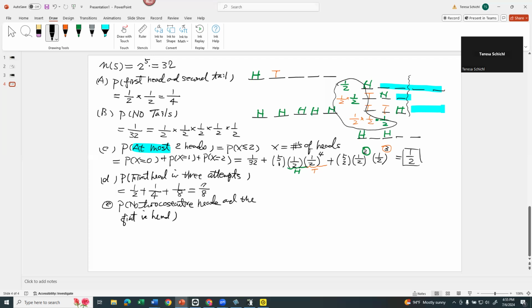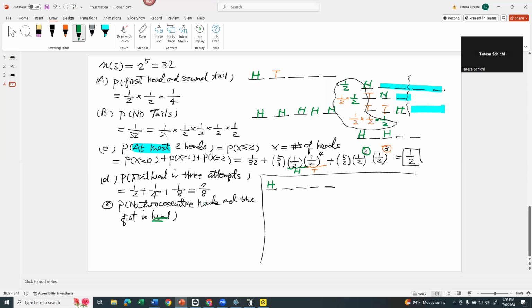Okay, so let's take a look at this situation here. Let's do a simple graph here. So 1, 2, 3, 4, 5. They said that the first one has to be a head, right? So I know my first one has to be a head. And then they say no 2 consecutive heads.